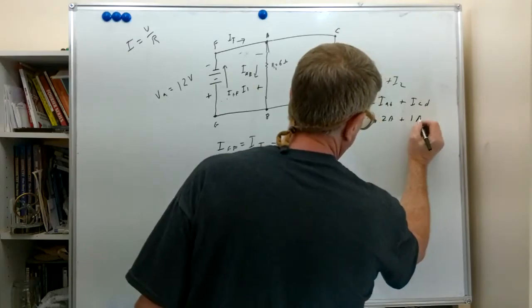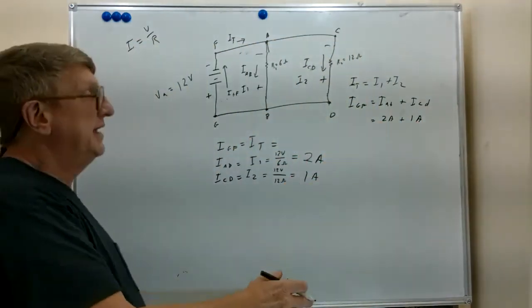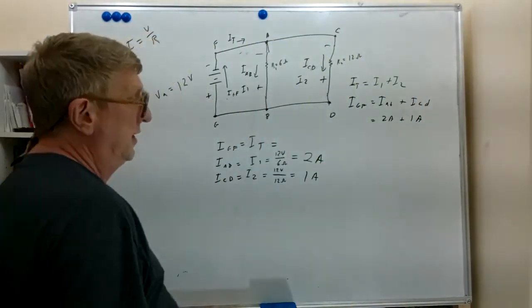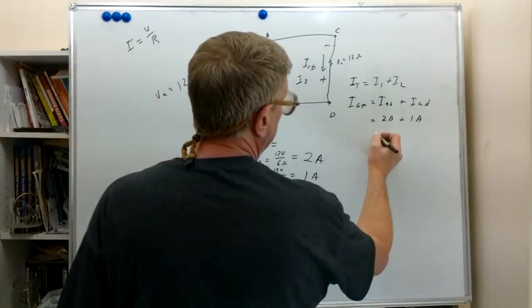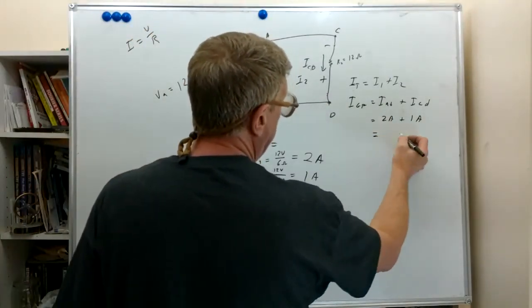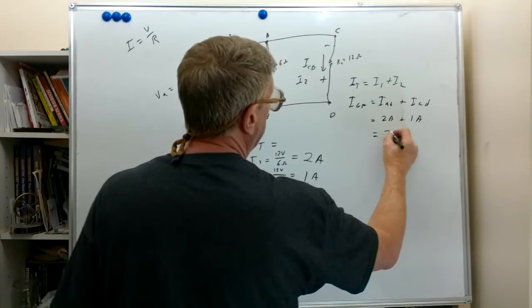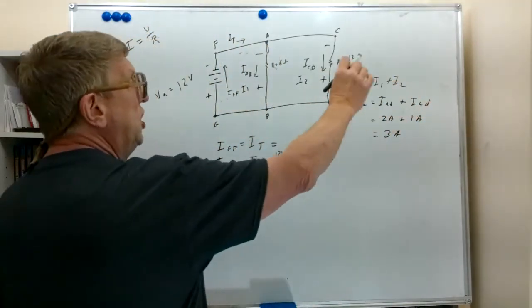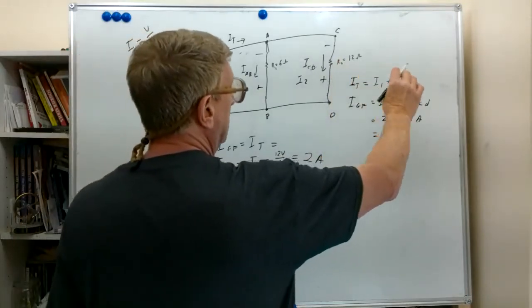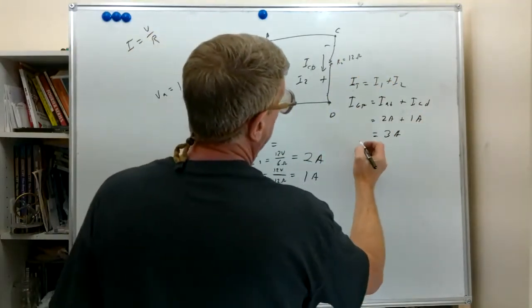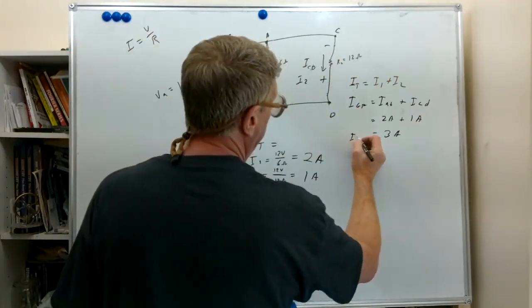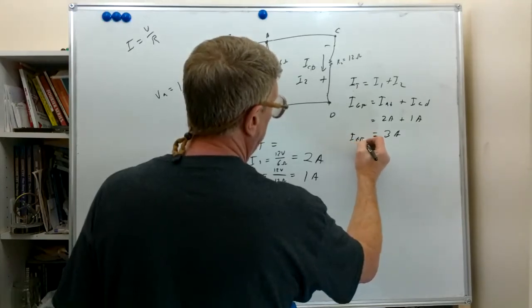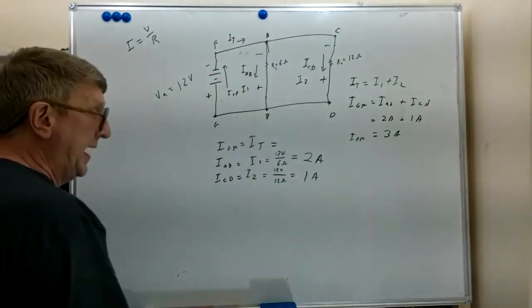We're just making a substitution of an actual value in for our variable. Well, when we add 2 amps and 1 amp, we end up with 3 amps. So what we've determined by using our current total formula is that IE to F is equal to 3 amps.